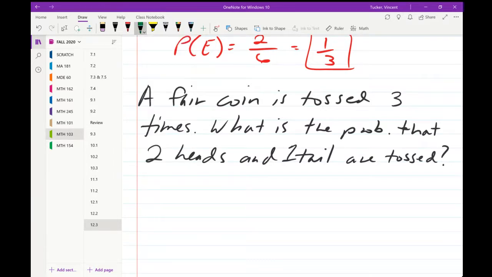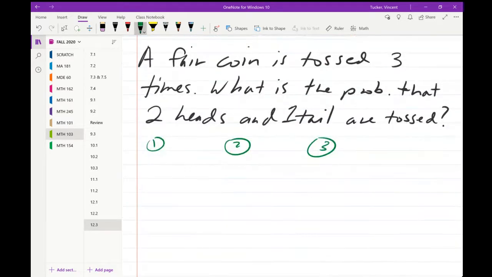So we need to figure out how many different ways, or how many combinations, we will get out of the coin being tossed 3 different times. So we can set up our tree. We've done something like this before. The first time, second time, and third time it's tossed.